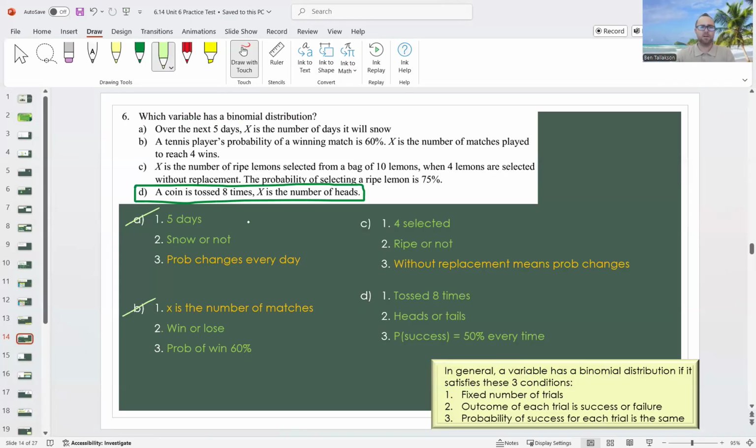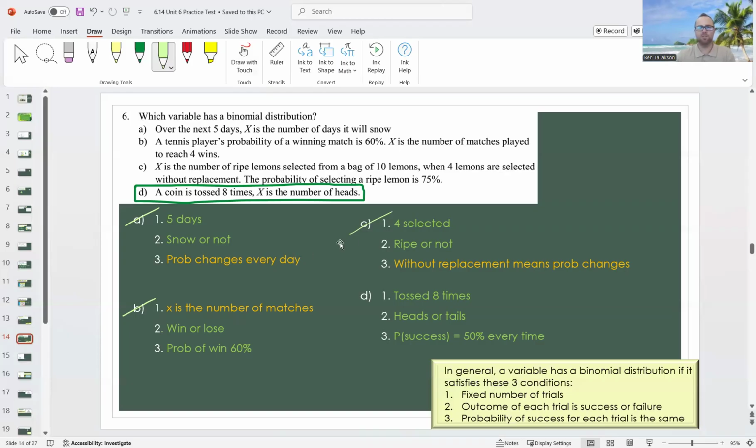C, X is the number of ripe lemons selected from a bag of 10 lemons. When 4 lemons are selected without replacement, the probability of selecting a ripe lemon is 75%. Without replacement should automatically tell you the probability will change and you don't need to look any further.